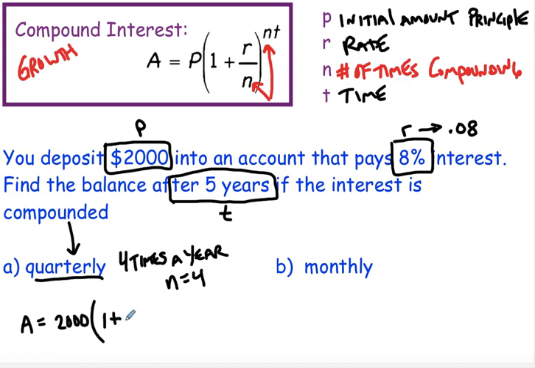We're gonna do 1 plus our rate of 0.08 divided by N, which is 4. All of that is going to get raised to the power of 4 times T, which was 5. Okay, so if you type that in your calculator, give me a second.